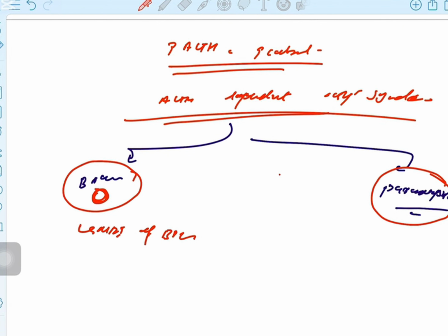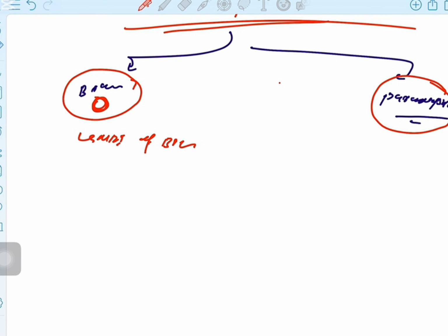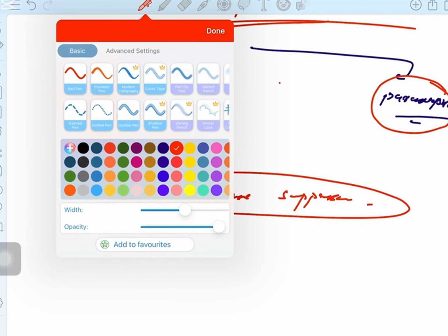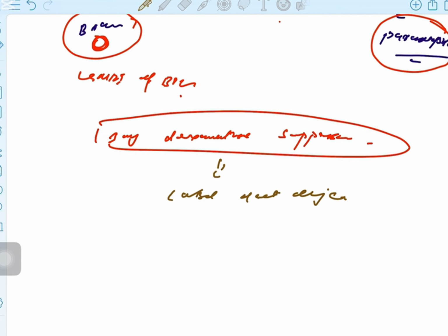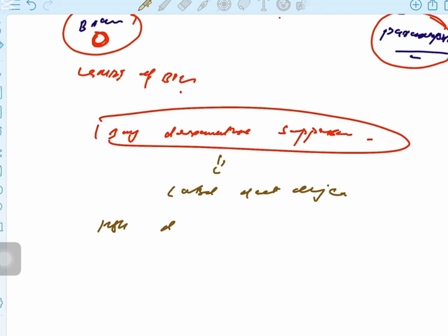For this, we also perform different types of tests. One test, guys: first of all, we give the 1 milligram dexamethasone suppression test. If we give the 1 milligram dexamethasone suppression test and the level of cortisol doesn't change, then we will do the high dose dexamethasone suppression test.